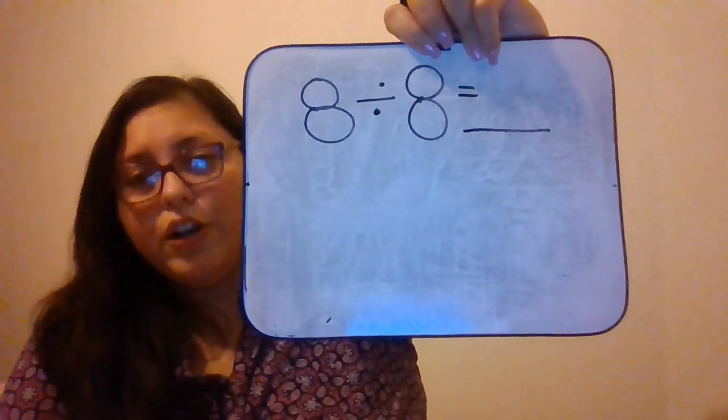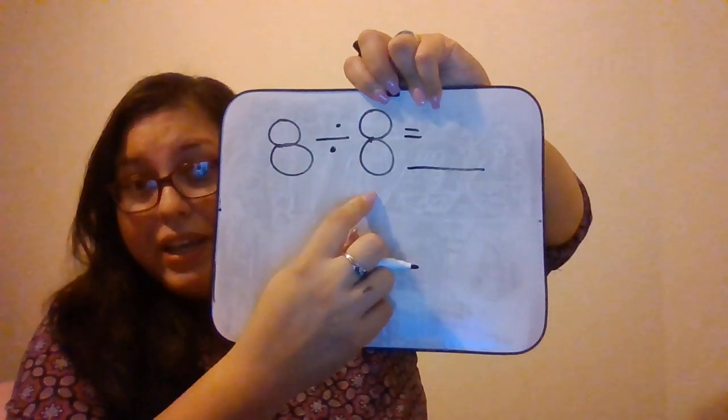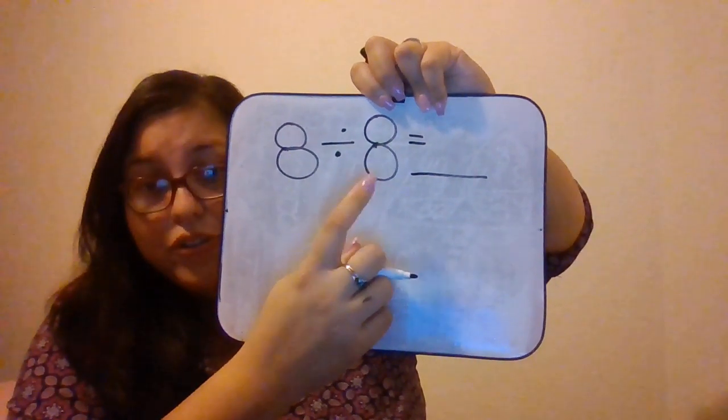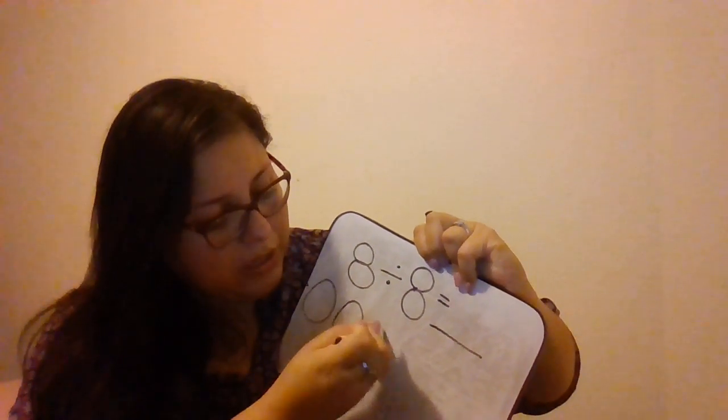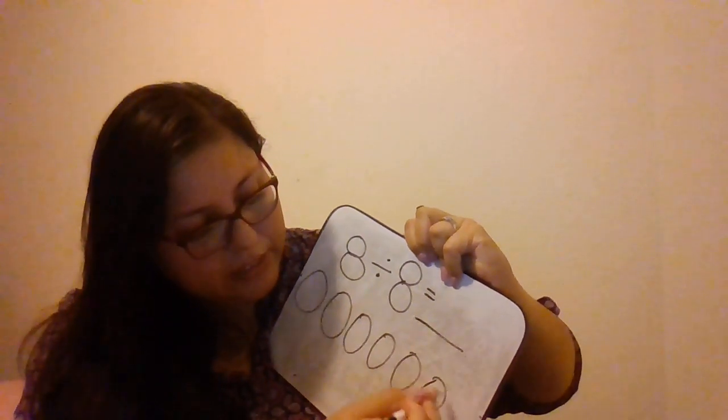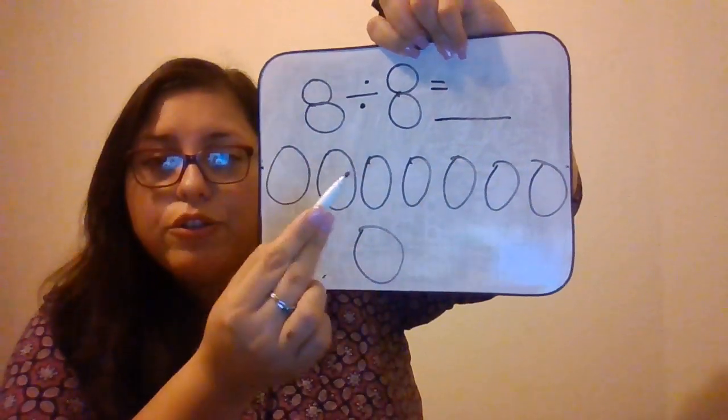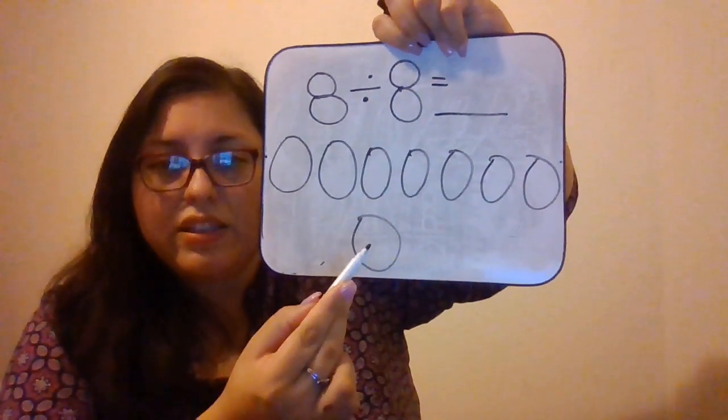So you are going to make 8 circles, 8 groups. 1, 2, 3, 4, 5, 6, 7, 8. 8 circles.